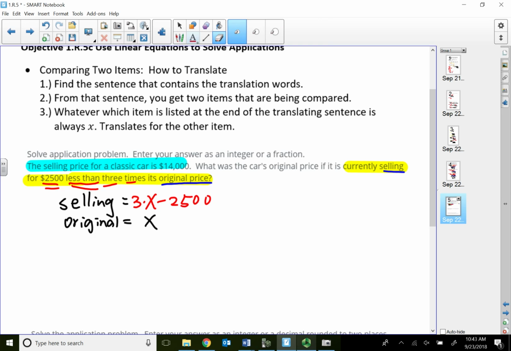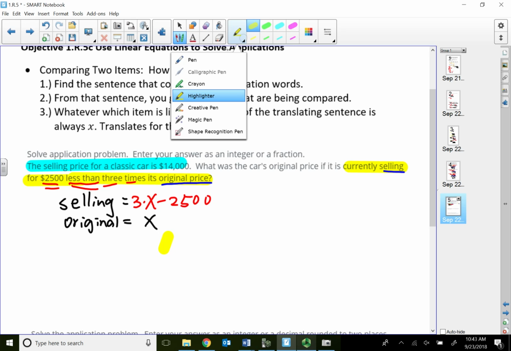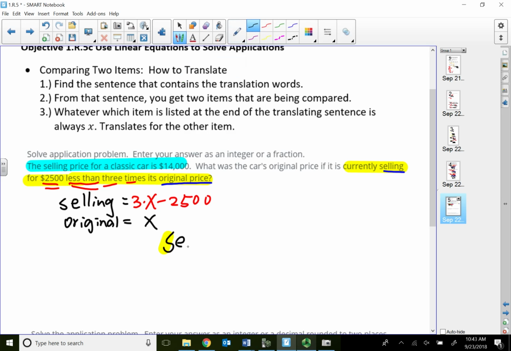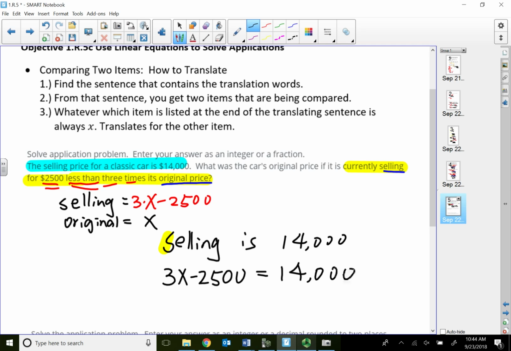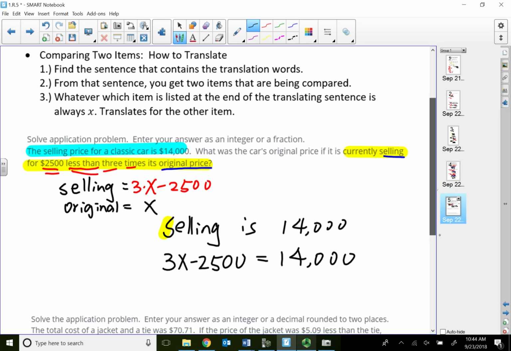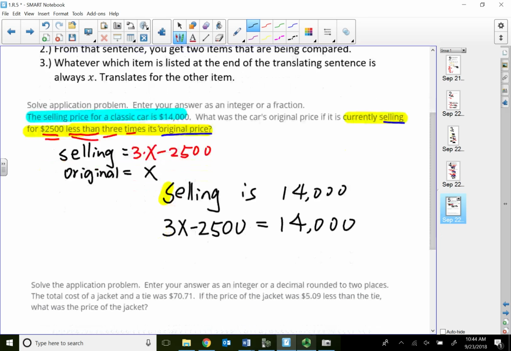So it says selling is 14,000. And what I just translated for the selling price is 3x minus 2,500. So that means equals 14,000. Voila, that's how we write out the equation. It literally tells me. That's the reason why the first thing we did here is learn how to translate for the items, so we know how to write out the equation based on what the problem says.